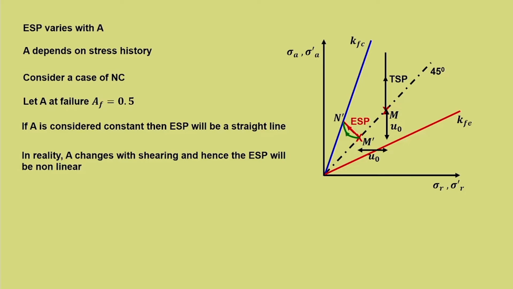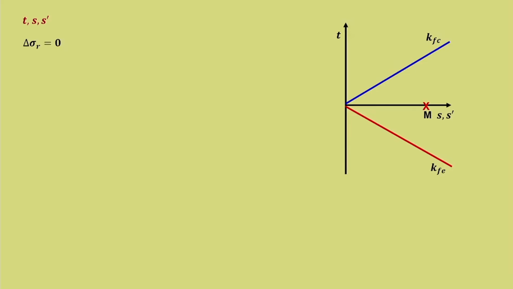But in most of the practical cases that we discuss, we consider the A value to be a constant and we take the value of AF, and hence we can consider the effective stress path for the undrained condition also to be a straight line. So, the same thing that we try to do in the TSS dash plot.